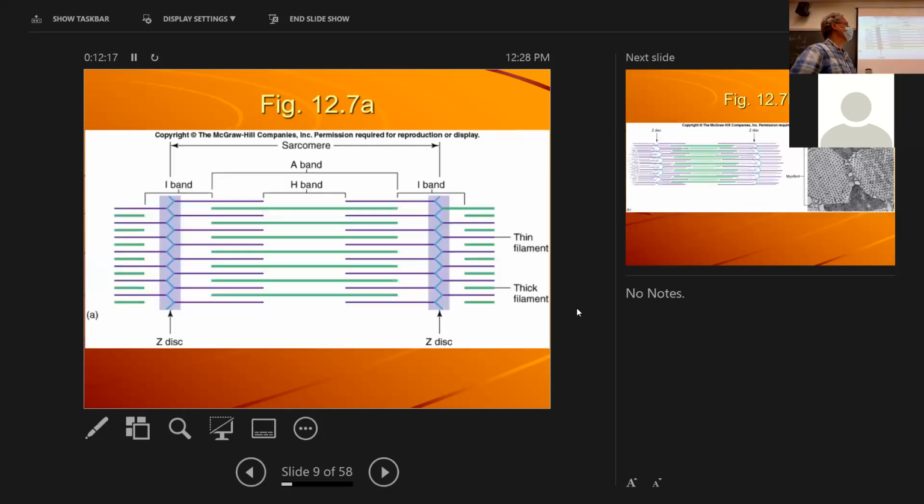And if we reduce it to lines, we can see here the thin filaments, there's the thick filaments, and the space in between the ends of the thin filaments, that's the H band. The thick filaments constitute the A band. And this area between the ends of the thick filaments that just has thin filaments, that's the I band.